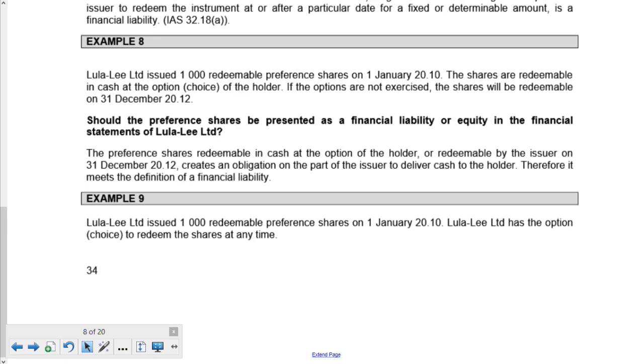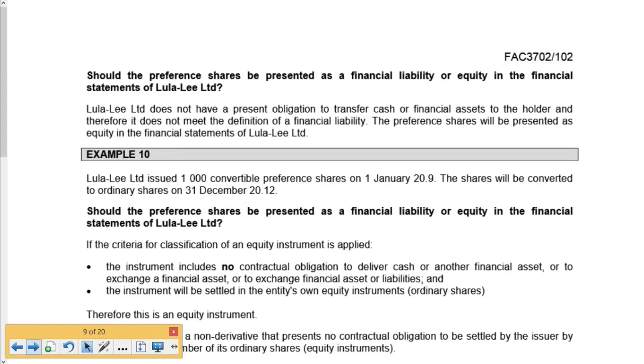So they can choose to never redeem them. Do you agree? So can the company avoid paying cash? They can, by just not redeeming them. So because the company can avoid paying cash, they don't have a present obligation to transfer cash. Therefore, it doesn't meet the definition of a liability. And so therefore, it will be equity, that one.